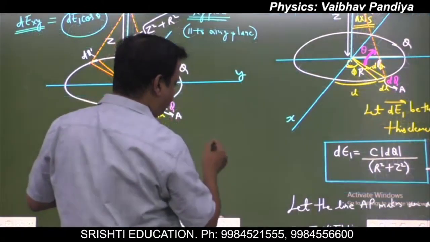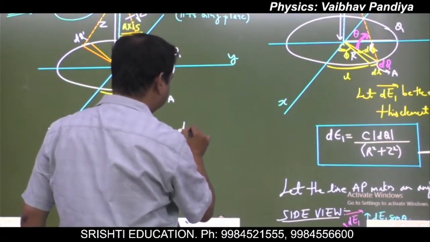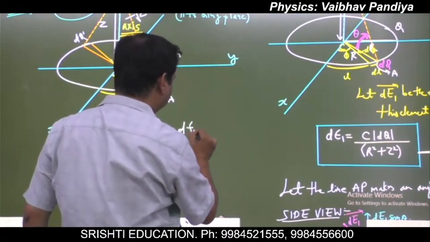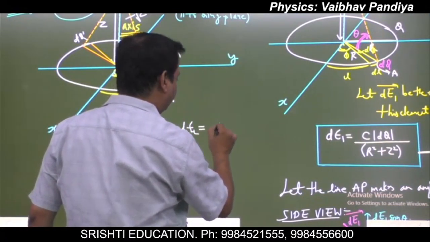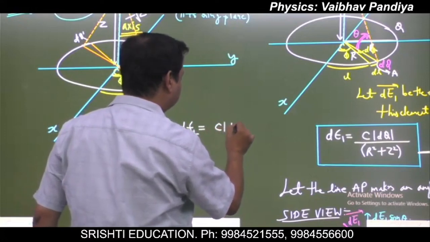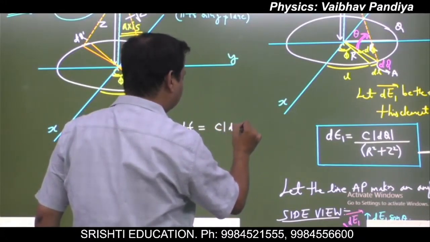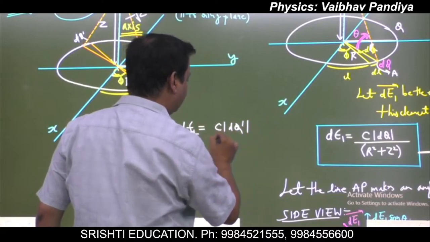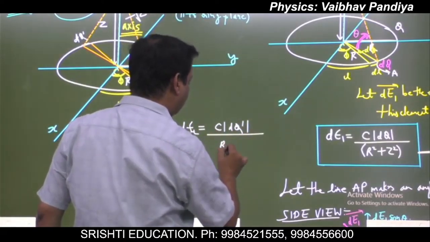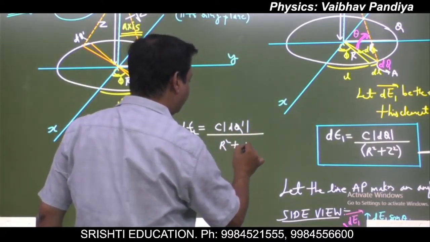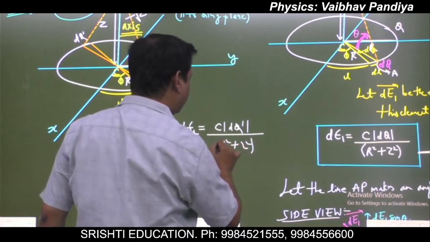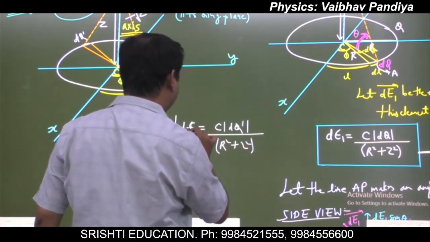So dE2 will be C dq dash divided by r square plus z square, correct? So this is your dE2.